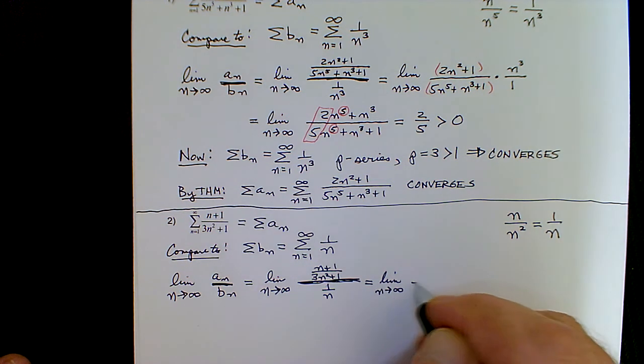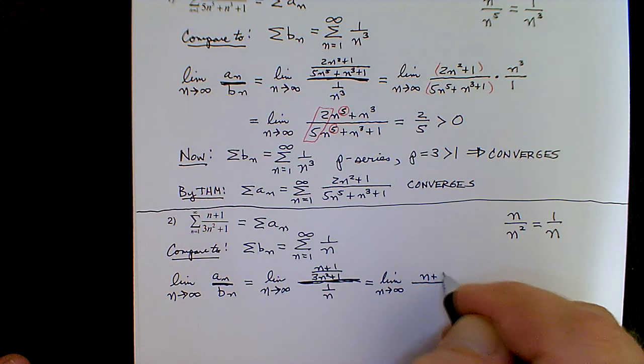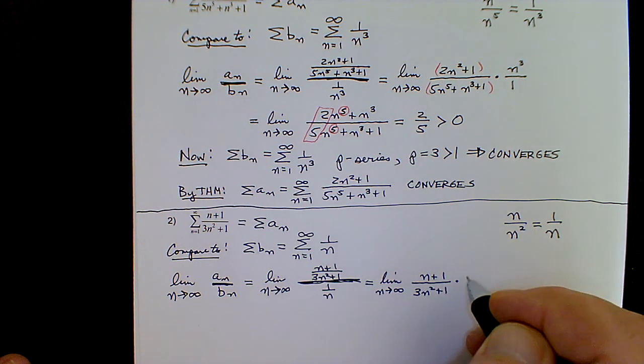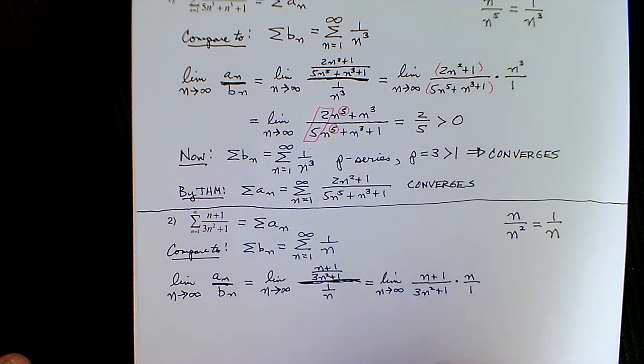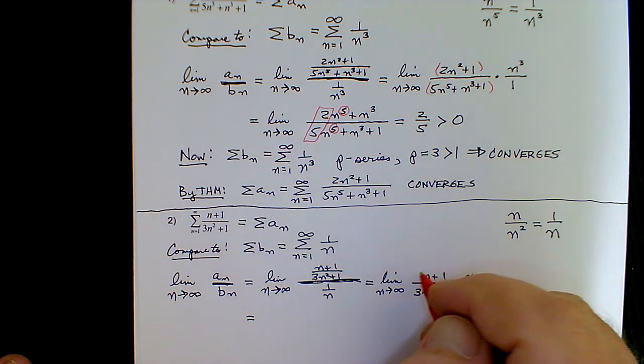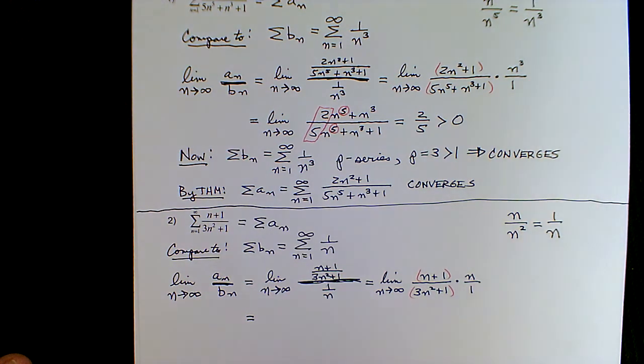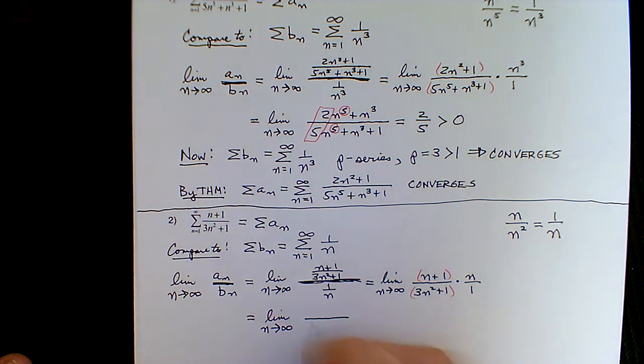Do the division. Rewrite the fraction in the numerator times the reciprocal of the fraction in the denominator. If you wanted to put parentheses, that's fine. And we suggest at this point that you distribute the n that's in the numerator, so we get n squared plus n over 3n squared plus 1.